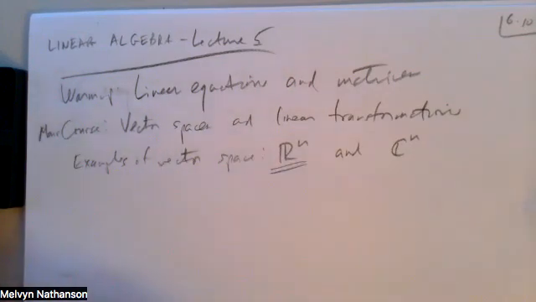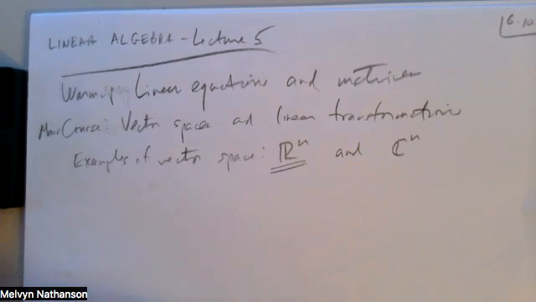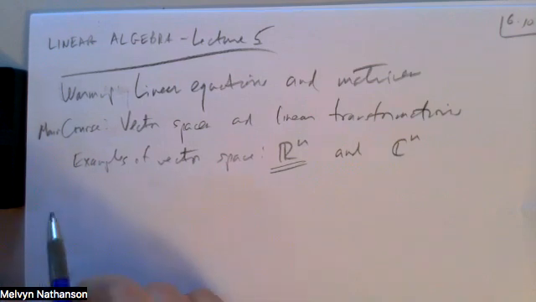And for most of what we do, if you just think of Rn, everything is okay. But later in the course, there are certain things that require complex numbers, and we will get to them. I've uploaded a section on course materials just about complex numbers to look at if you are not as familiar with them as you would like to be.